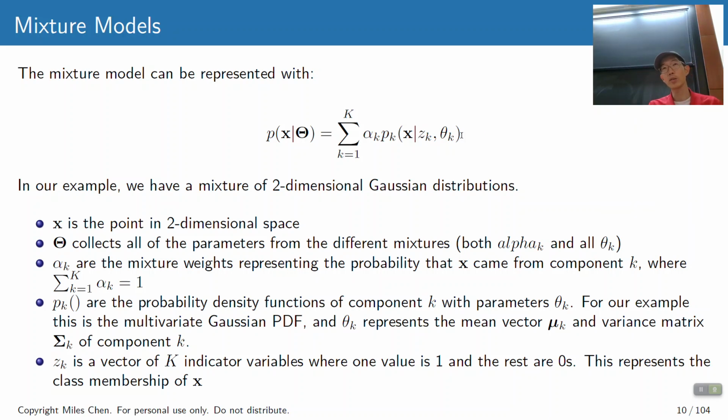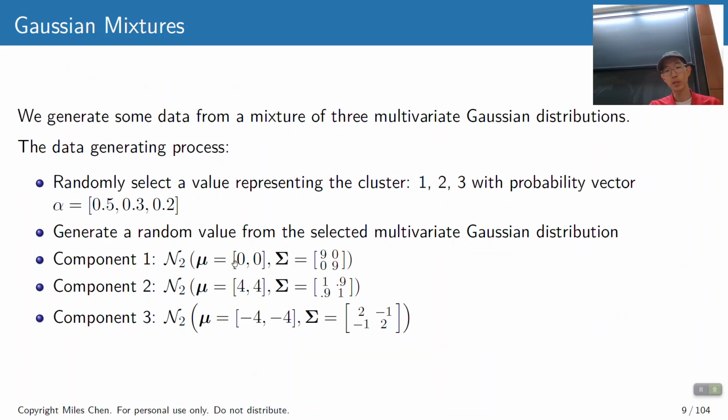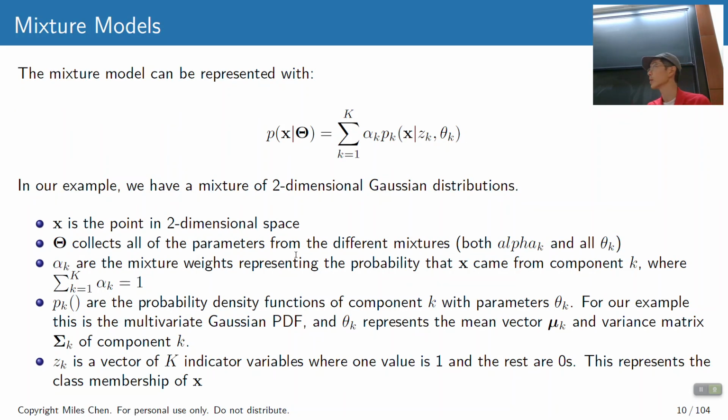And then theta sub k is the combination of basically your mu and sigma parameters. So theta gathers all the parameters. Z is the indicator variable on whether a point belongs to a component or not.